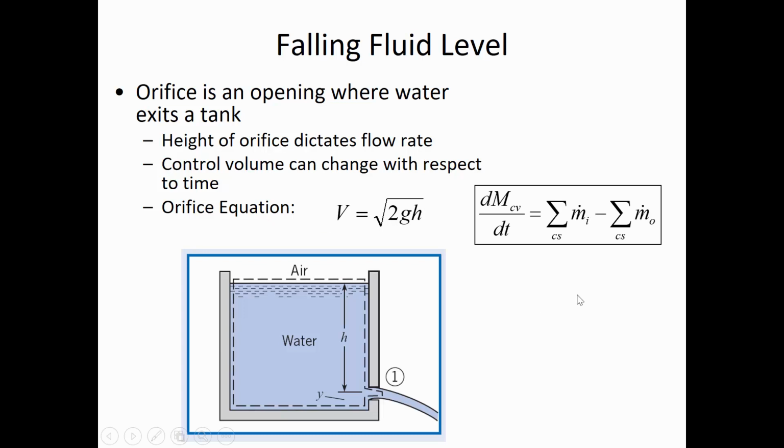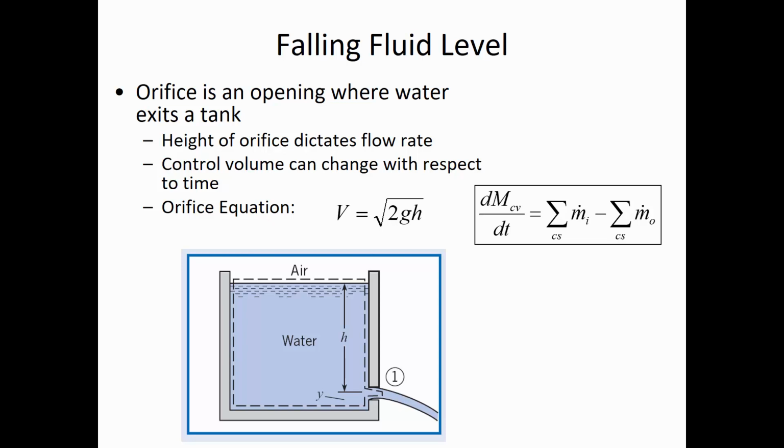We can apply the continuity equation here and the Reynolds transport theorem to say that we can keep track of the flow in and the flow out, and then from that determine if the liquid level is rising or falling. And in our next class period, we'll introduce an equation that allows you to estimate how long it takes for the liquid level to fall a certain amount.